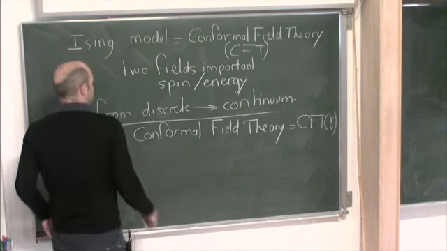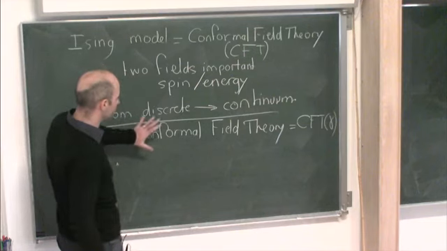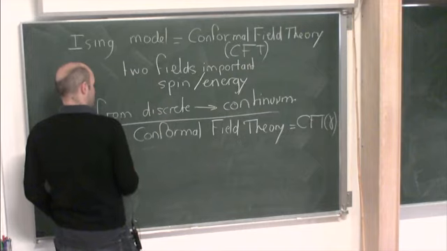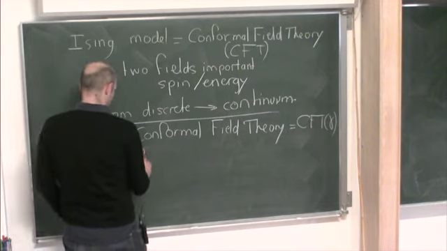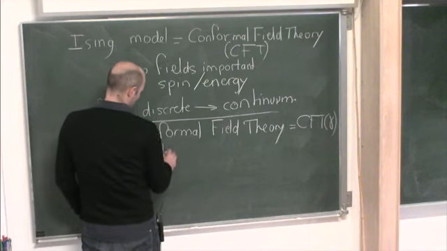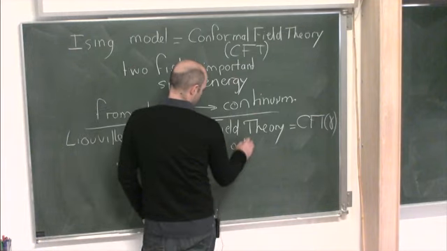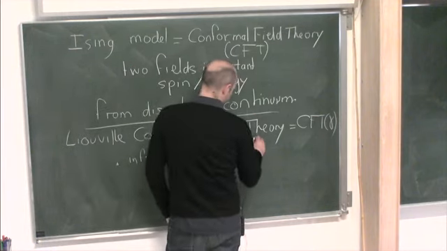And for each value of gamma, inside a fixed CFT with parameter gamma, you will have an infinite number of primary fields, of important fields if you want.